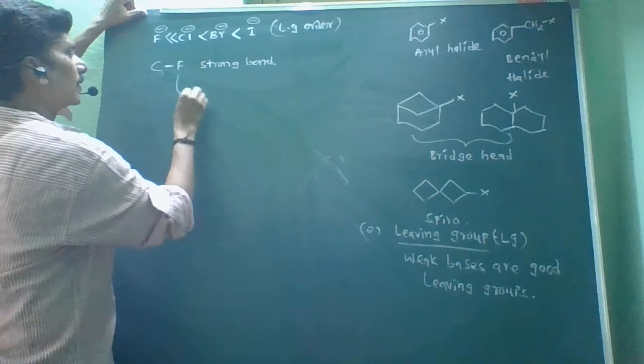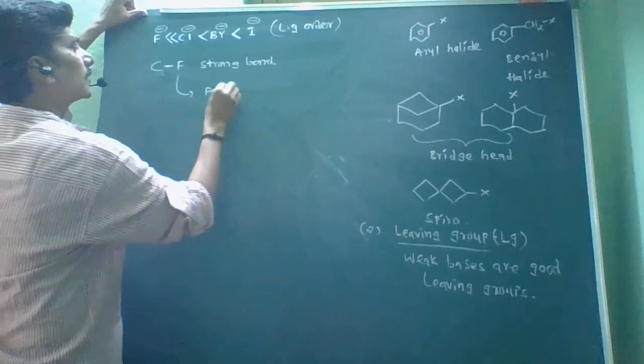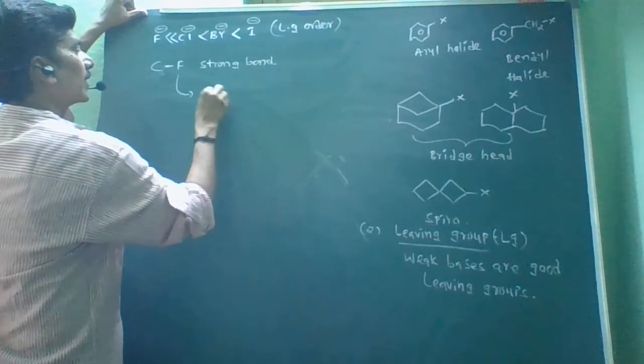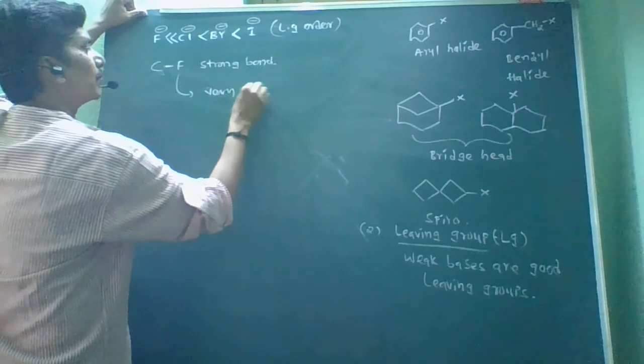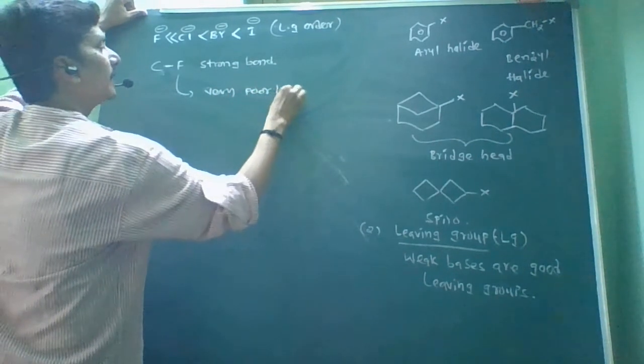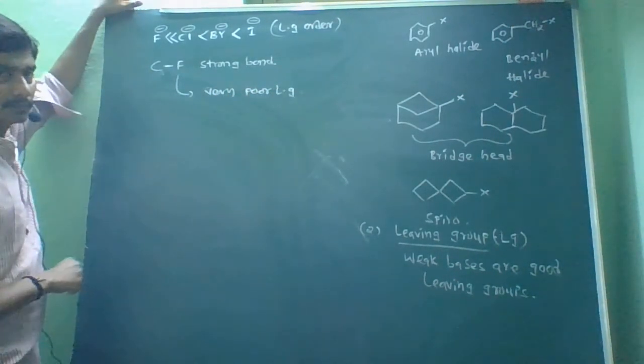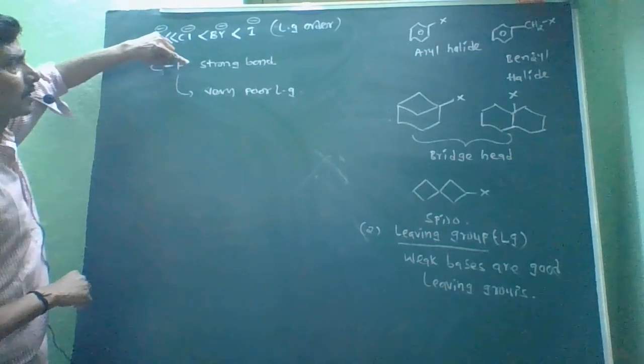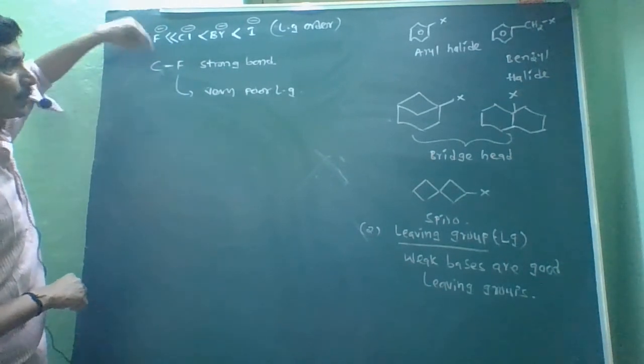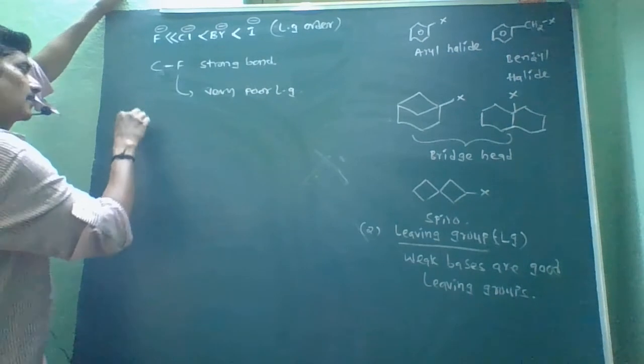Reason: it is a very poor leaving group due to the strong bond between the carbon and the fluorine atom. That was the reason.